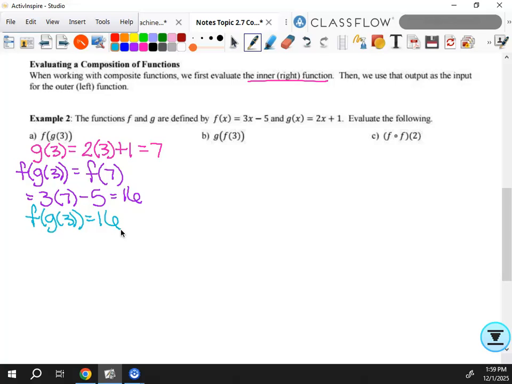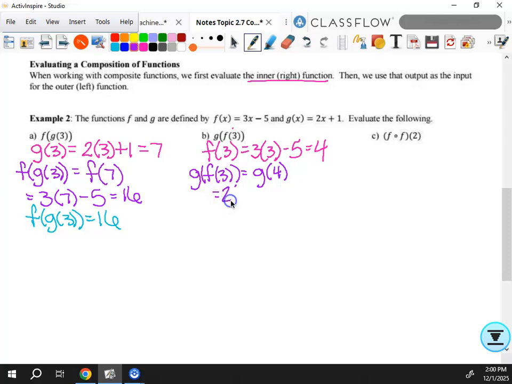All right, so here, this is the opposite. This is g of f of 3. So I'm going to start with f of 3. That is 3 times 3 minus 5. 9 minus 5, that's 4. Then I'm going to do g of f of 3, which means I want g of 4.